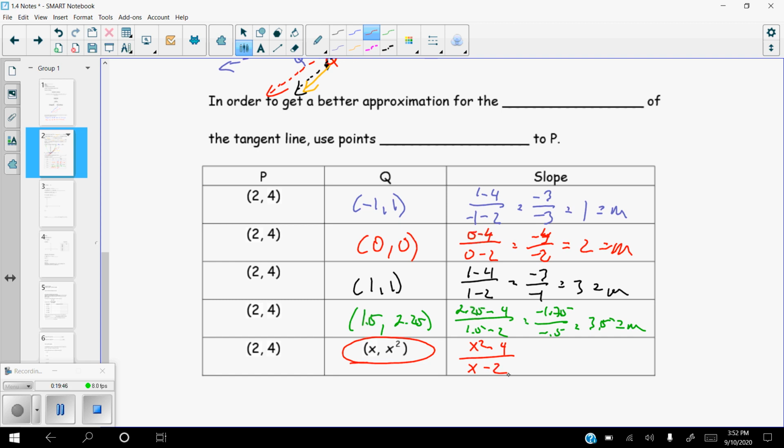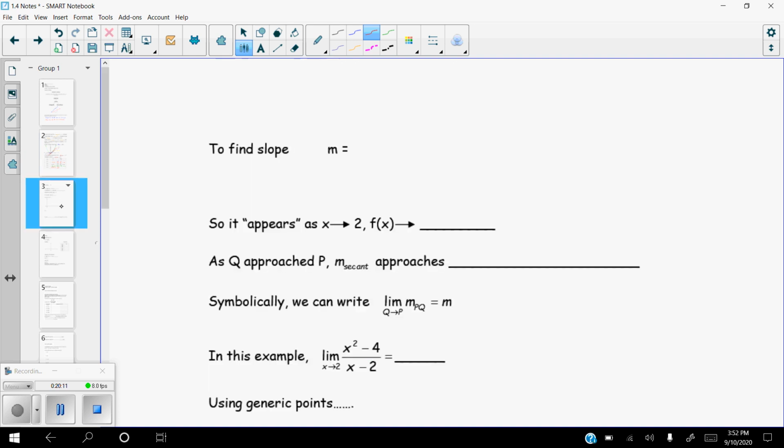So basically, I've come up with a formula that's going to give me any slope that I want. So the idea here is, in order to get a better approximation for the slope of the tangent, we're going to use points which are closer to P. Okay? And we're going to see how all this stuff actually works out. We'll go to the next page here.